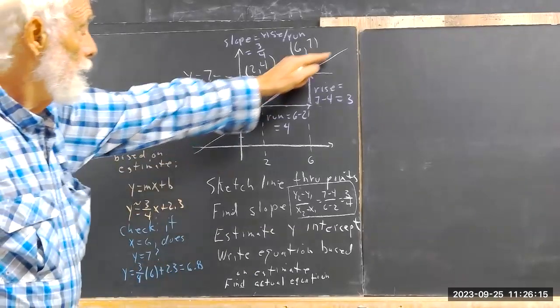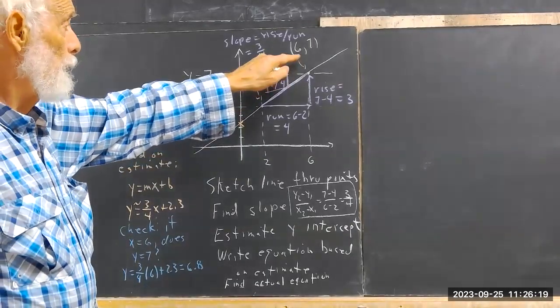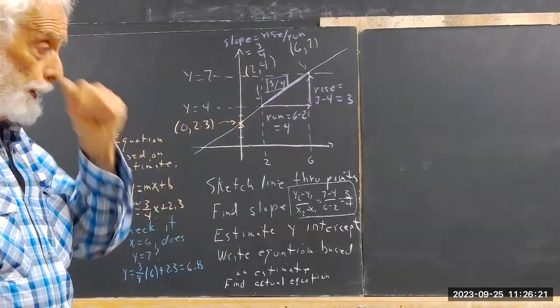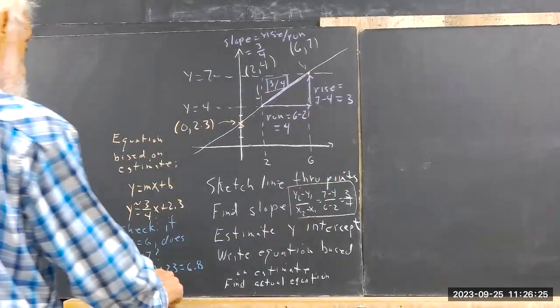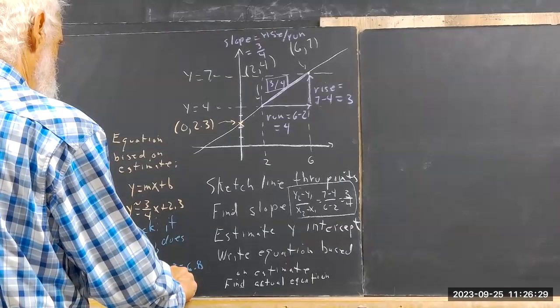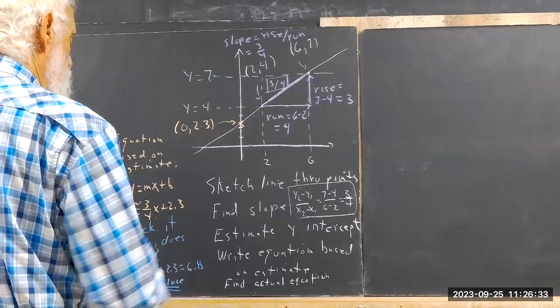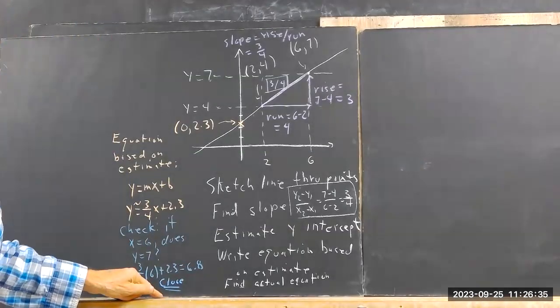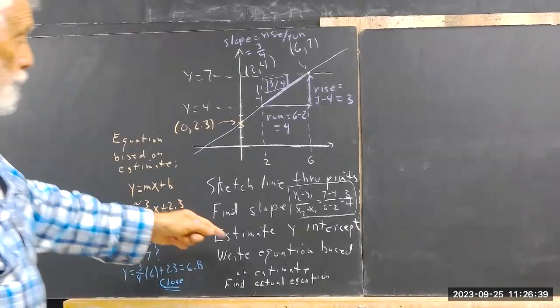So this equation based on an estimate would tell us that when x equals 6, y should be 6.8, when it really should be 7. Still, that's close. Not exact, but it's close. And that's going to be useful now when we find the equation.